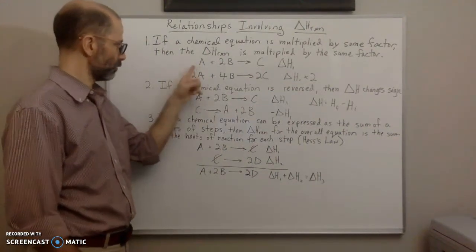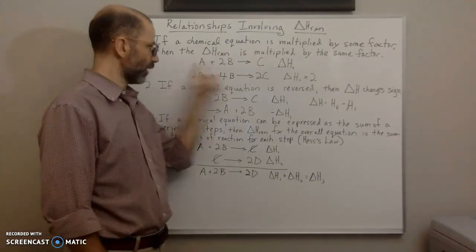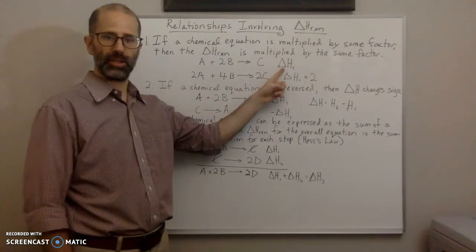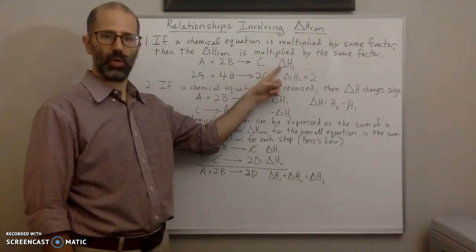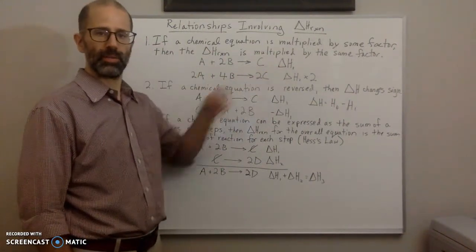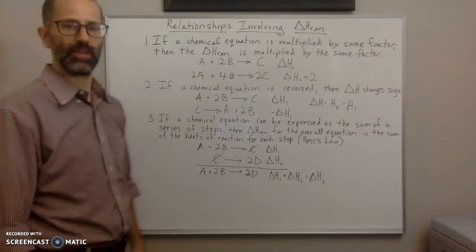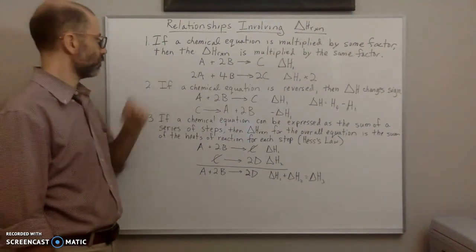Because for example, 1 mole of A gives me whatever delta H is, and 2 moles of B gives me whatever delta H1 is. So if I double these, then I also double the delta H that I am getting. So that's the first relationship.